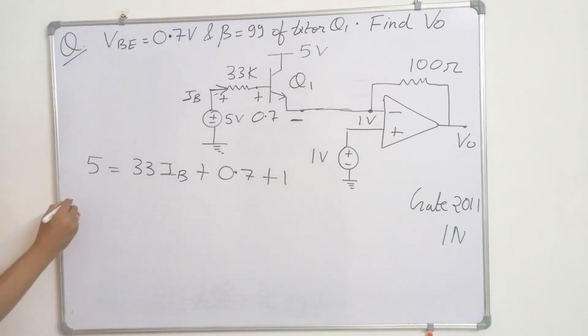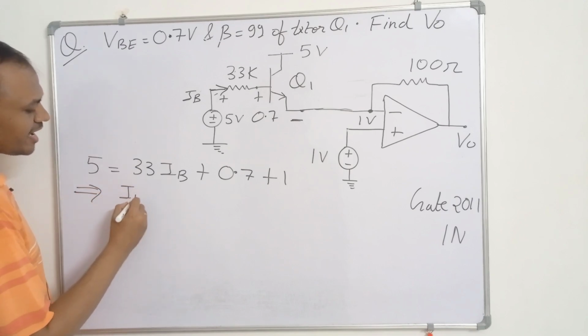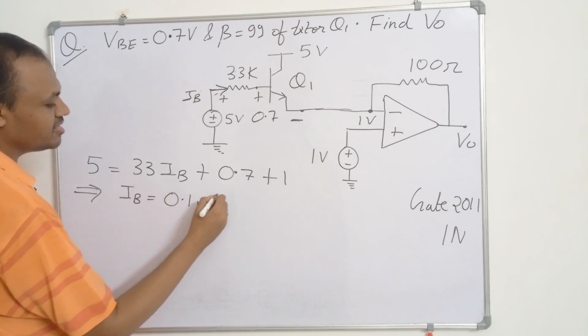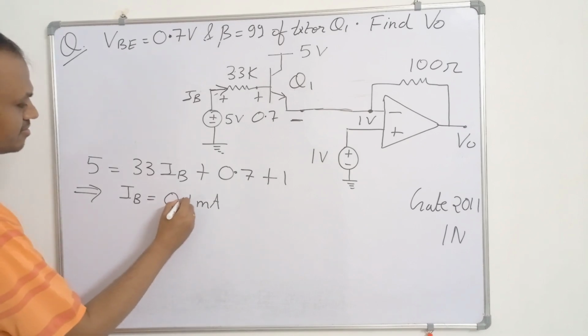So this is the equation. So we will get IB equal to 0.1 milliampere, because this 33 is in kilo ohm. So we have found the value of IB. IB equal to 0.1 milliampere.